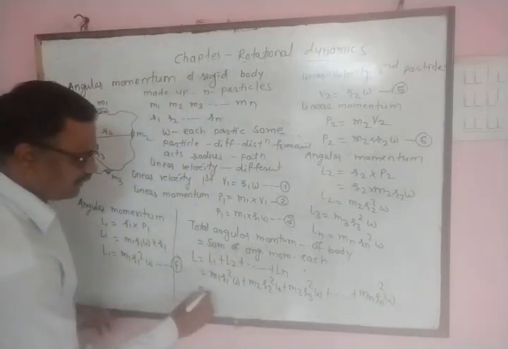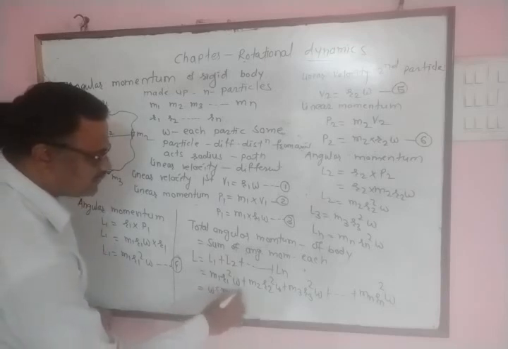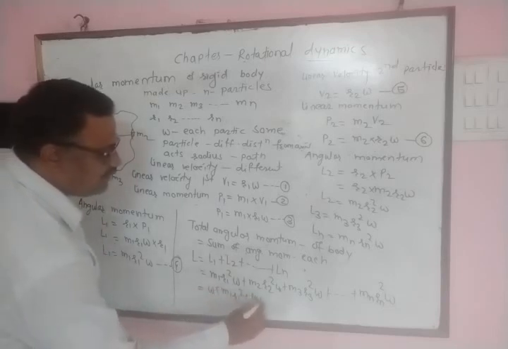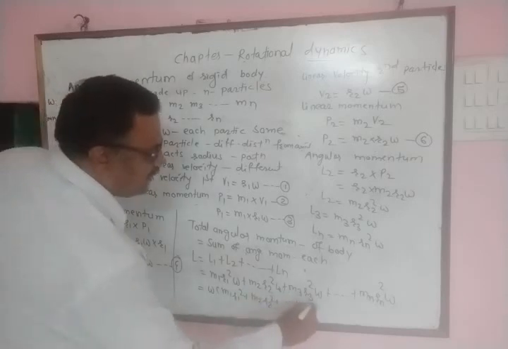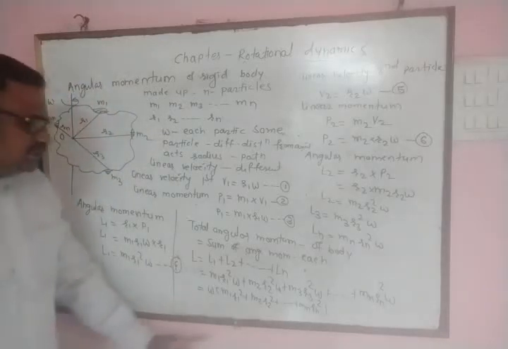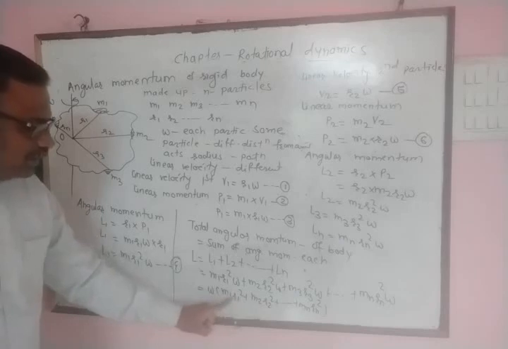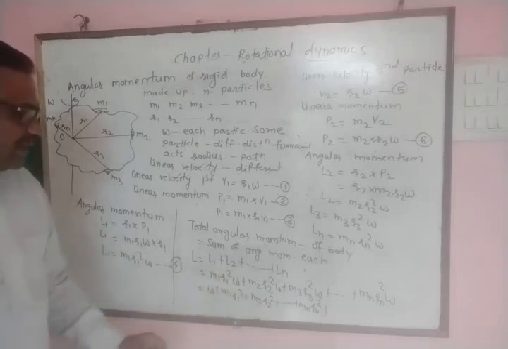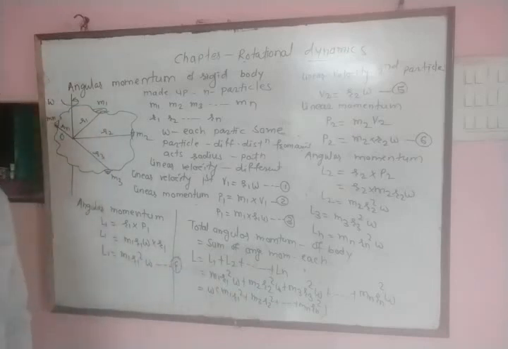Now taking omega common, we get m1 r1 square plus m2 r2 square plus and so on up to mn rn square. Remember, this bracket is the sum of the product of the mass of each particle and the square of the distance of the particle from the axis of rotation.